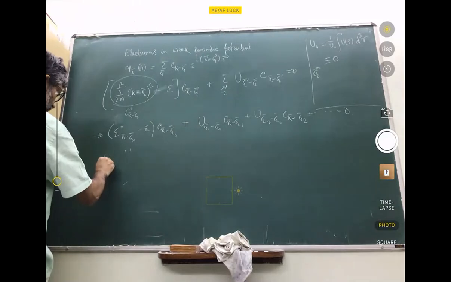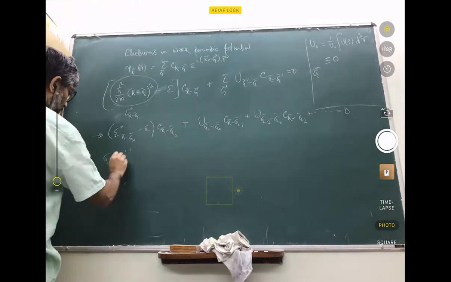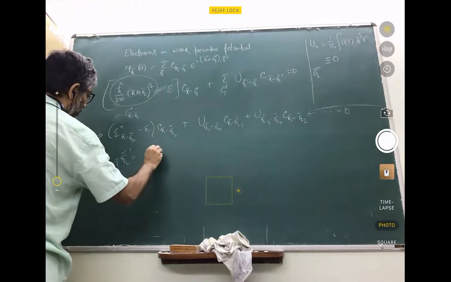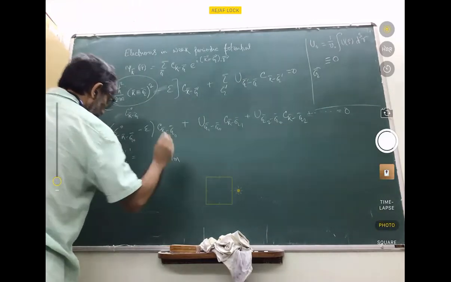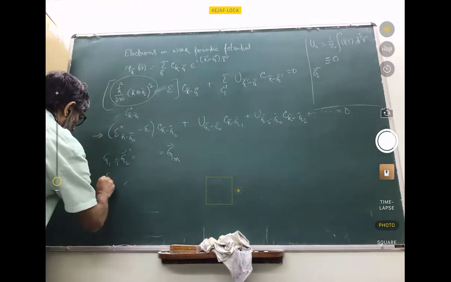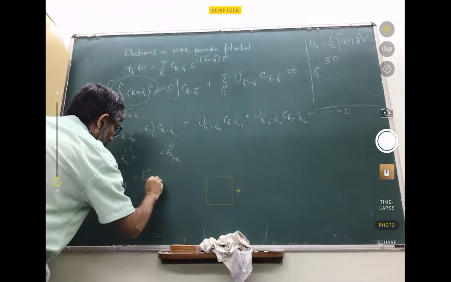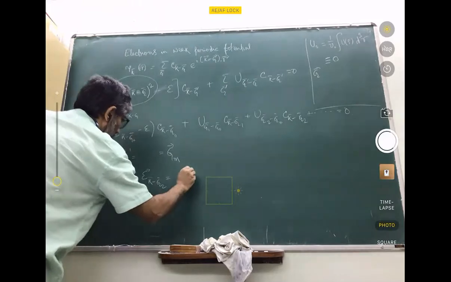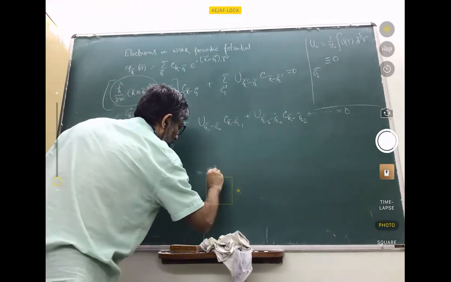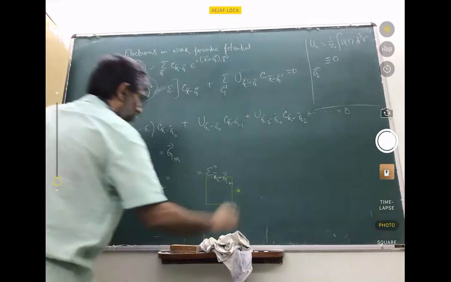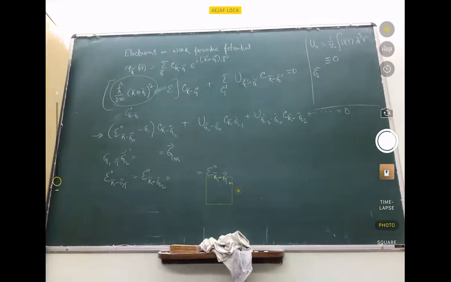Now, if I have G1, G2, etc., up to some Gn, where the epsilons are degenerate, then I can choose the corresponding Ck minus Gi's, whatever I want, because a linear combination of degenerate solutions still remains a solution of the equation.